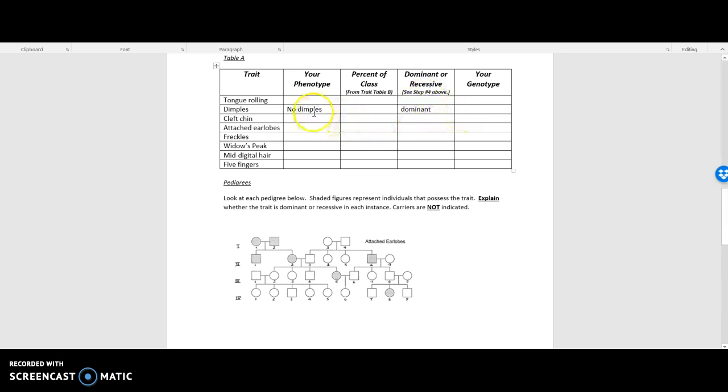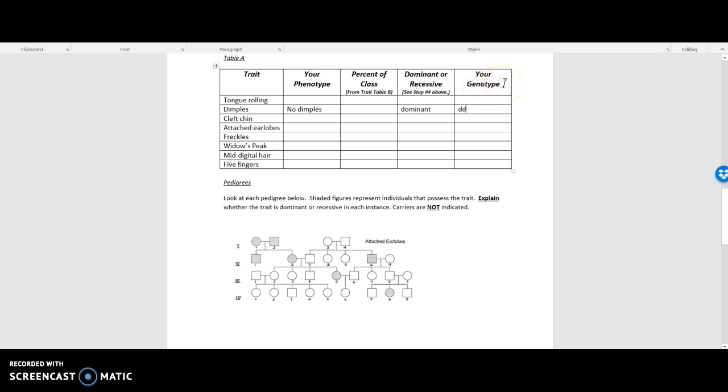Because I do not have dimples, which are dominant, my particular genotype for that is going to be recessive, so little d. I got that because I do not have dimples, which is a dominant trait, so I have the recessive for that.